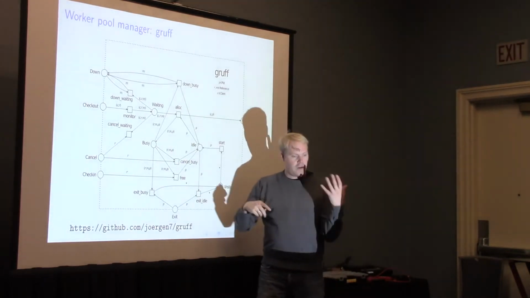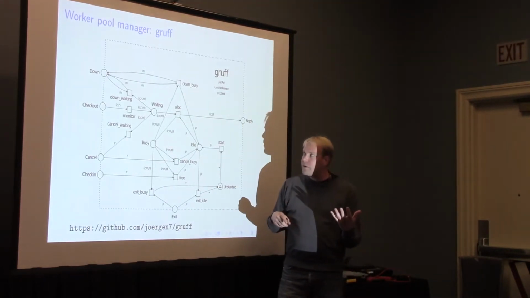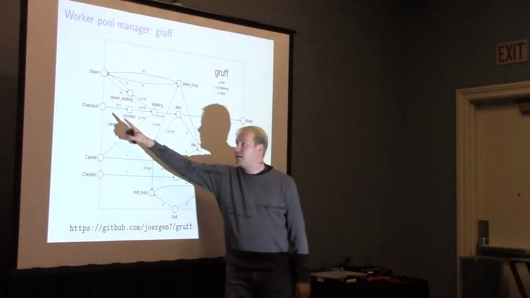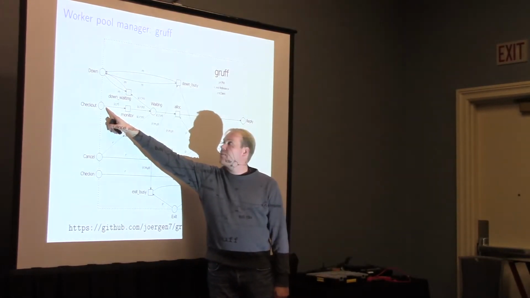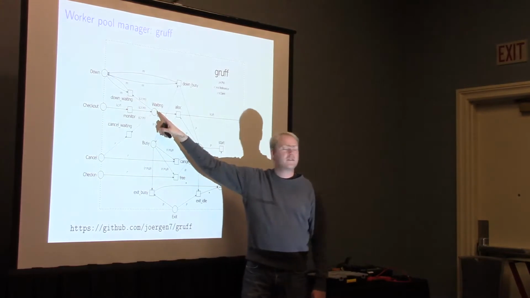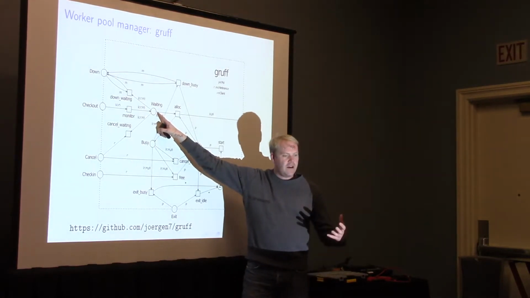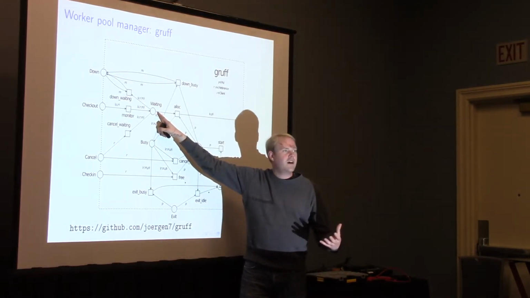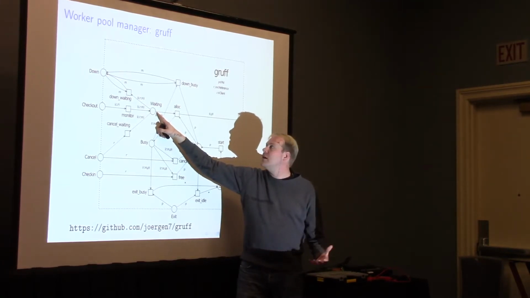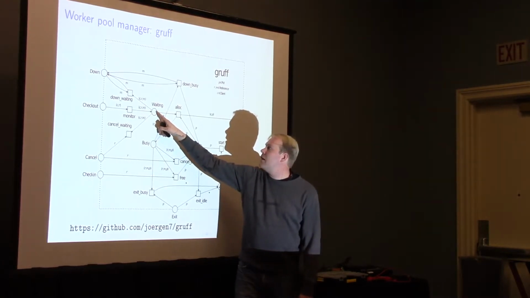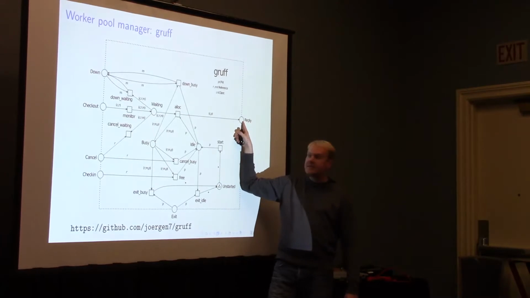So when a client wants to allocate a worker, a token appears here on the checkout place. Then a monitor gets created on the client, so that when it dies, I get a message. Then a worker gets allocated and a reply gets sent out.